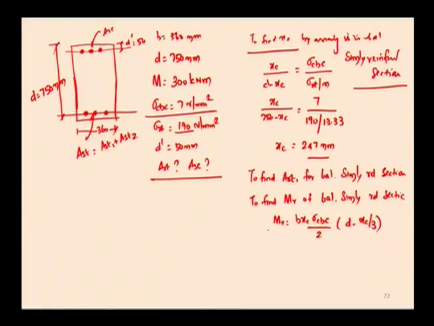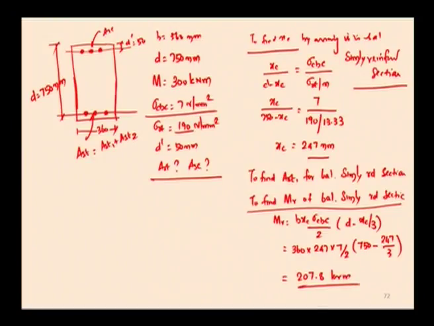Here it is 360 into 247 into 7 by 2 into 750 minus 247 divided by 3. So, the moment of resistance of the balanced singly reinforced section is 207.8 kilonewton meter.